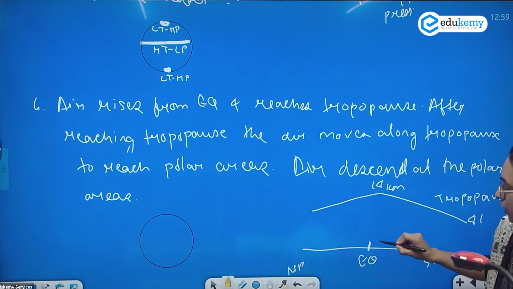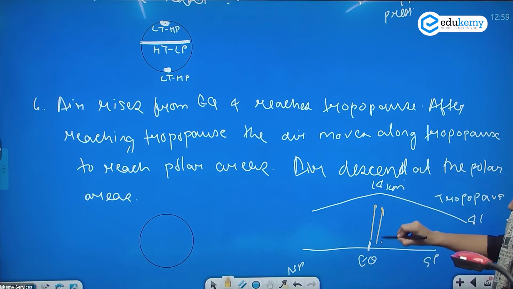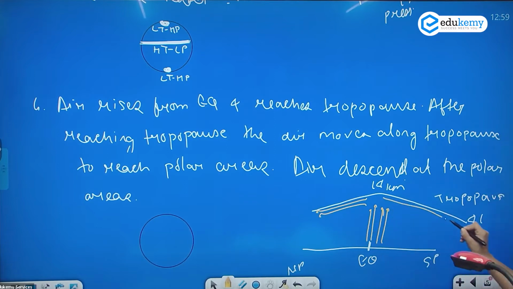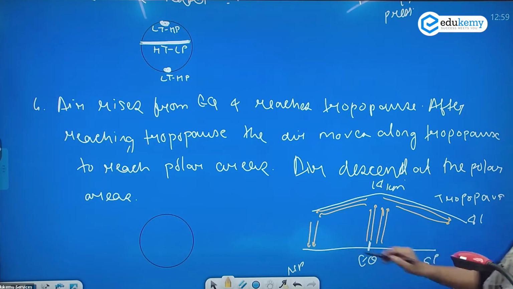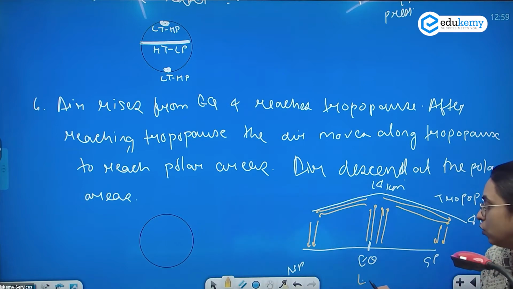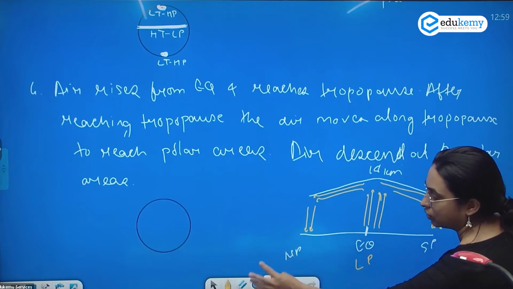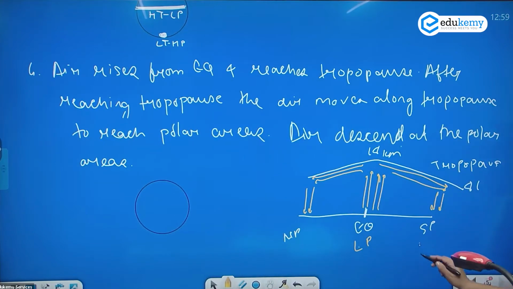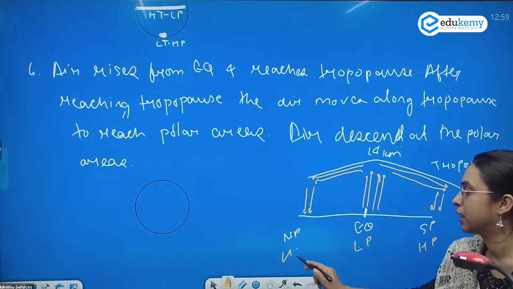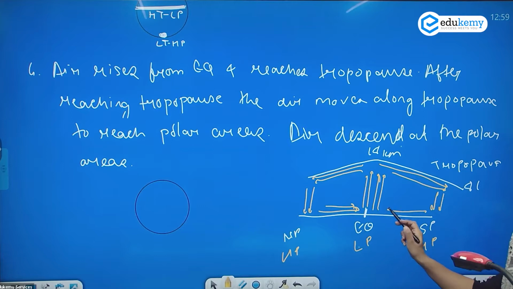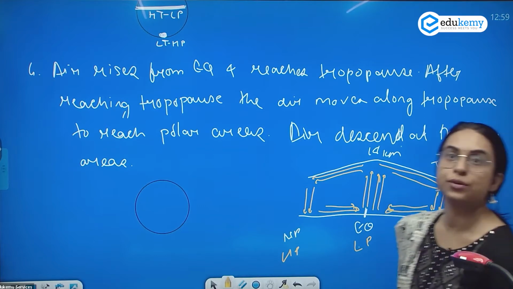The air gets heated, moves along the tropopause, reaches the polar area, and descends at the polar areas. So here at the equator we have low pressure, whereas at the poles we have high pressure. And the air is then moving from high pressure to low pressure.